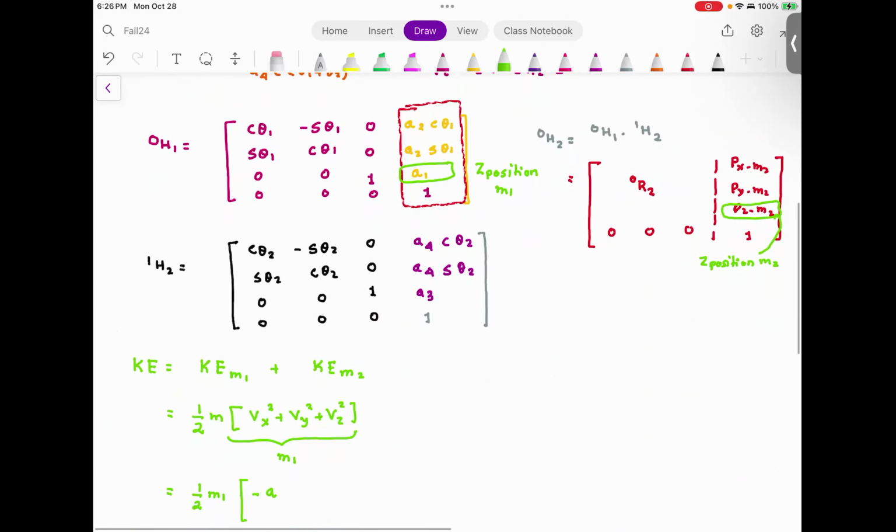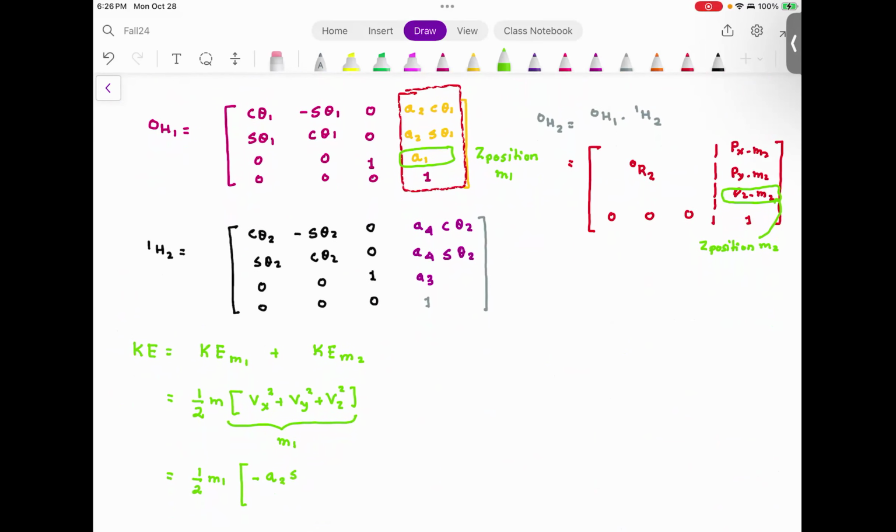So v will be substituted as vx plus vy plus vz, and the whole square. So you are adding all the vector components and taking the resultant vector. If you take the magnitude, you'll get the square root of vx square plus vy square plus vz square. So that becomes possible.